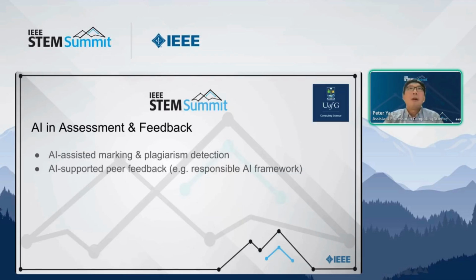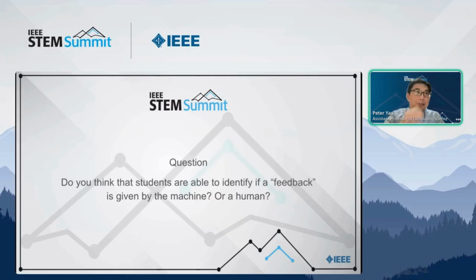So when students cannot identify whether a feedback or comment was generated by a machine or a human, how can they have this motivation and drive to excel in their learning journey? That's one of the research questions I would like to investigate.